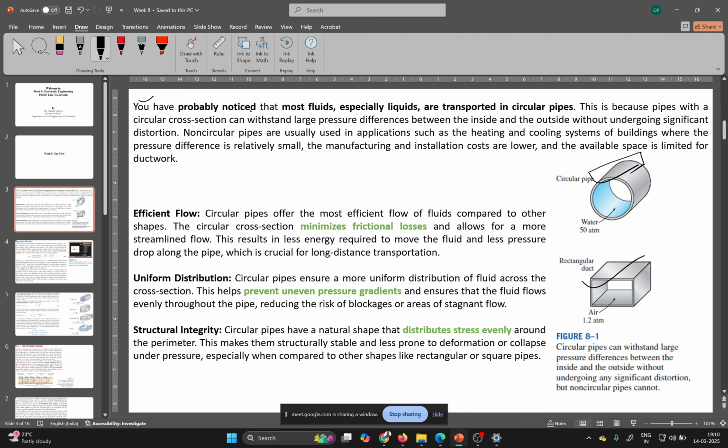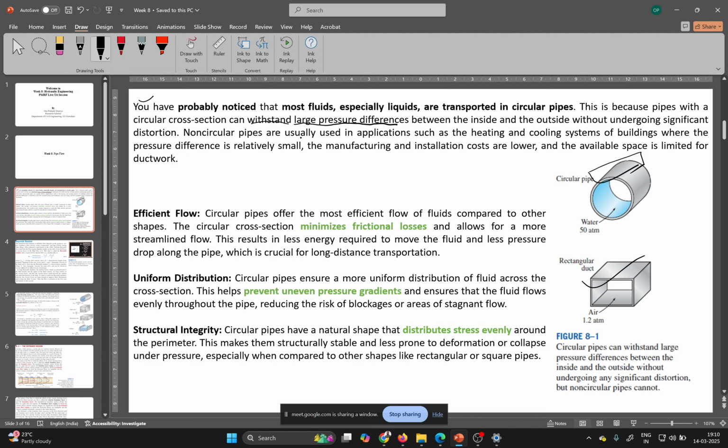You have probably noticed that most fluids, especially liquids, are transported in circular pipes. This is because a pipe with a circular cross section can withstand large pressure. Remember this, point one: it can withstand a large pressure difference between the inside and outside without undergoing significant distortion.